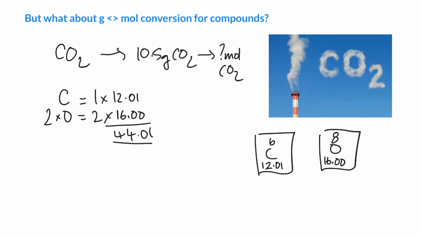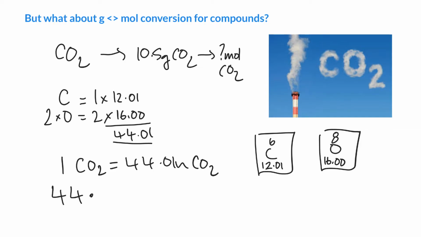It's telling us that 1 molecule of carbon dioxide weighs 44.01 atomic mass units. And what a waste that is, because we don't weigh individual molecules very often. Instead, we could go ahead and get at our balance and weigh 44.01 grams of carbon dioxide. And that would actually give us that same magic number, Avogadro's number.